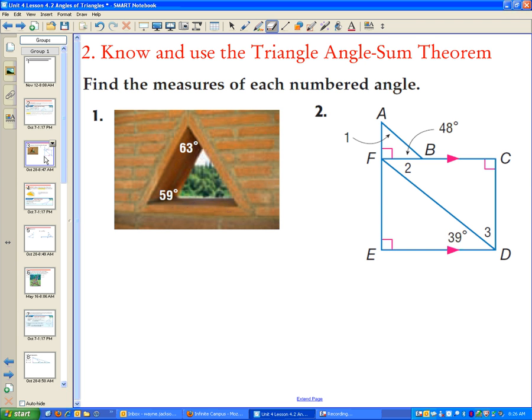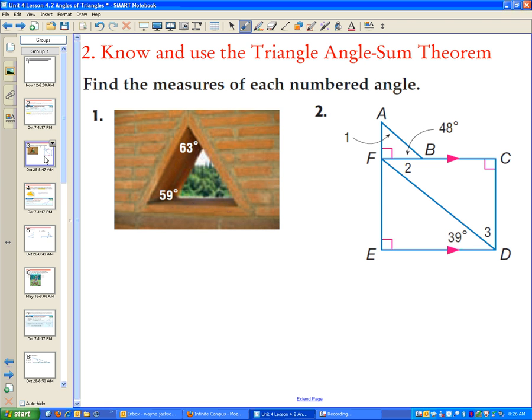All right, these are on page 248. Find the measures of each numbered angle. So for number one, we have a 63-degree angle and a 59-degree angle and then a missing angle. Well, we know that the three angles have to have a sum of 180. So when they give us the numbers, we can probably do this either in our head or on our calculator.